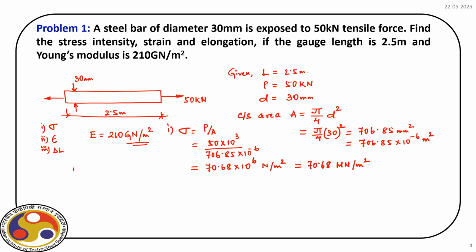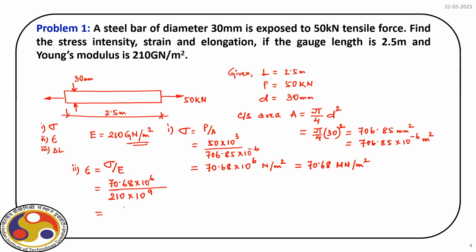Second part, strain, we know it is stress by Young's modulus. So, we have a stress of 70.68 into 10 to the power 6 Newton per meter square, and then we have 210 giganewton. So, into 10 to the power 9 Newton per meter square.